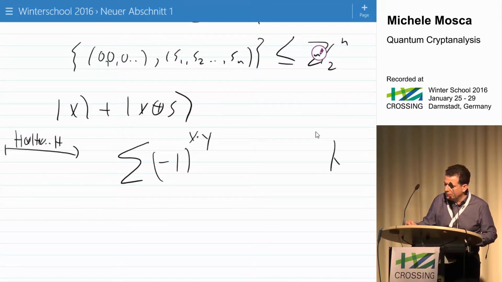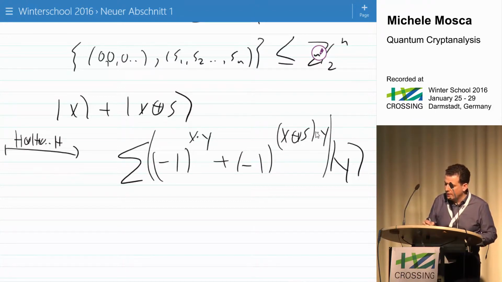So what's your amplitude of y? You get y in two different ways. One's from x, one's from x plus s. So you get plus or minus 1 to the power of this vector dot y. That's the coefficient of y, renormalized. You get 1 over root 2 to the n plus 1 if you do the normalization correctly.